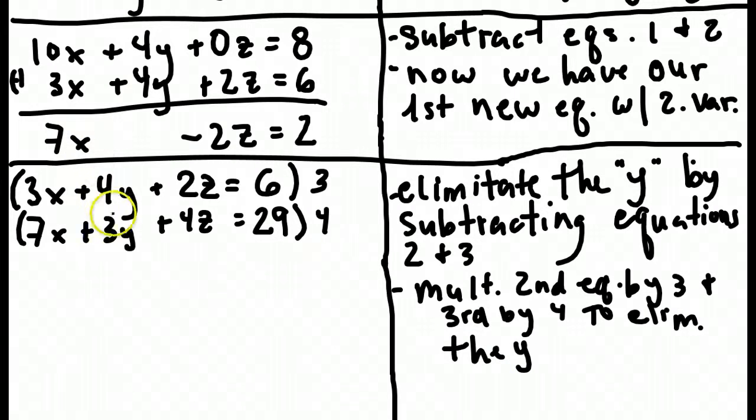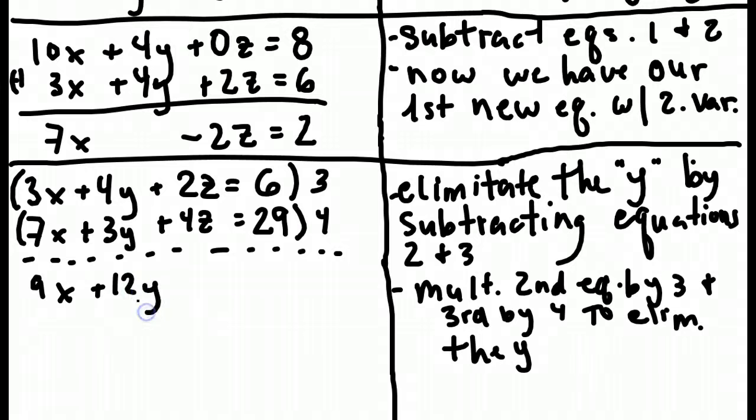Okay, so what do we get? What's our first equation when we multiply the whole thing by 3? 9x plus 12y plus 6z equals 18. Correct.